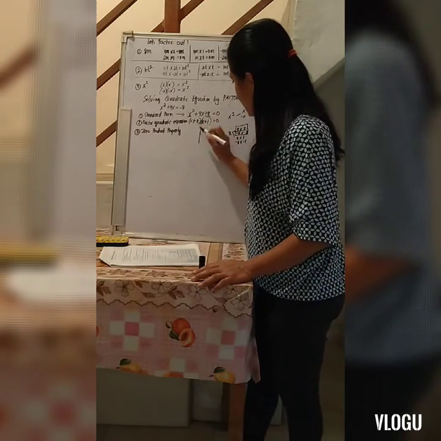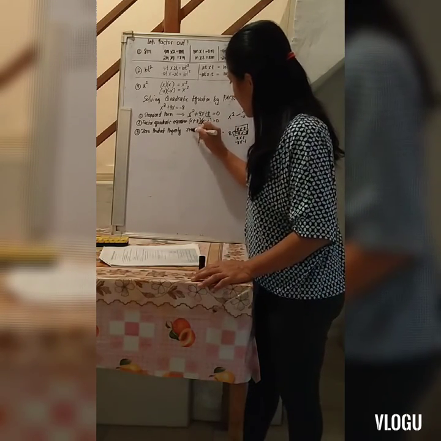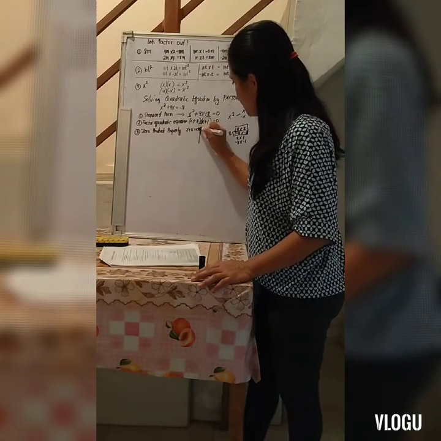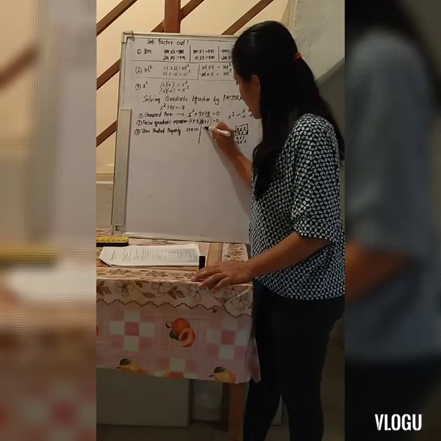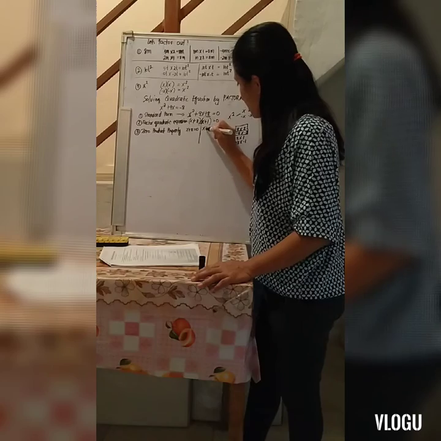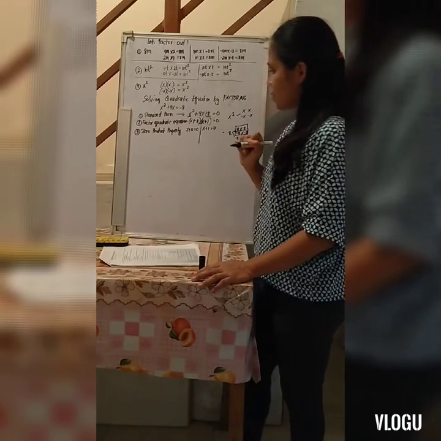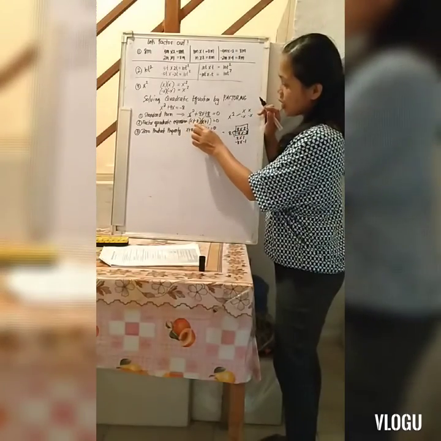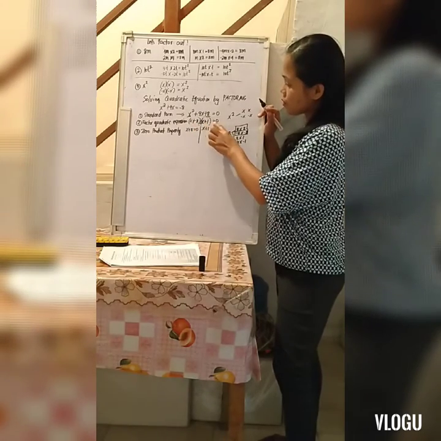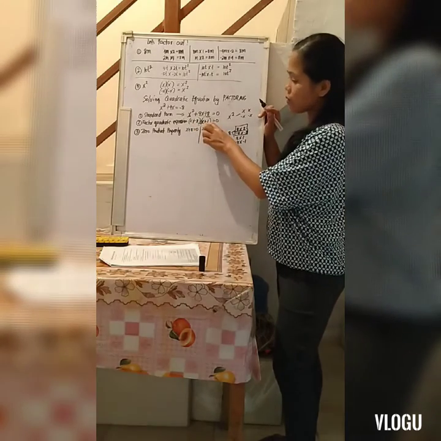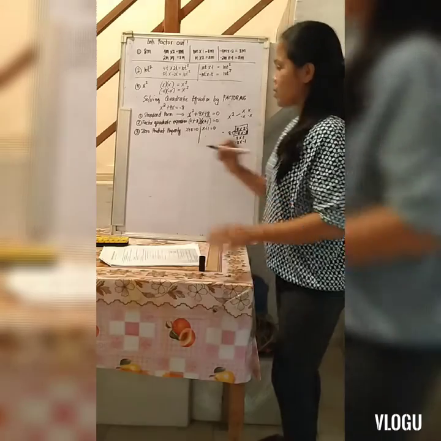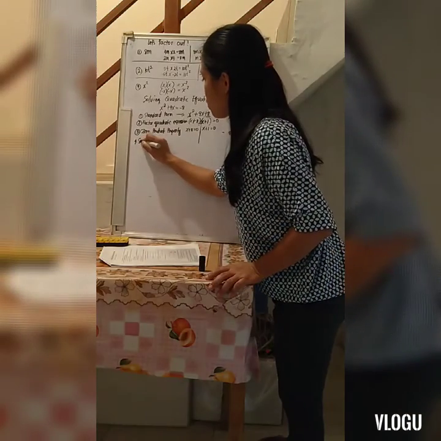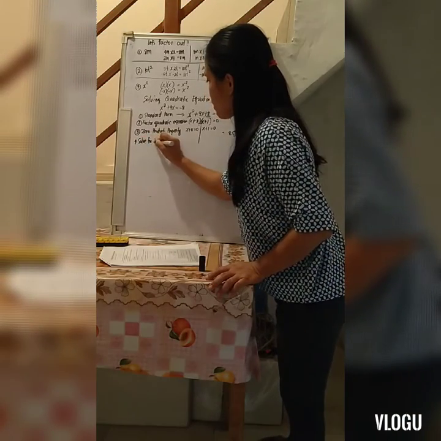So we split: x plus 8 equals 0, or the other one, x plus 1 equals 0. So x plus 8, the first factor, equals 0, and x plus 1, the second factor, equals 0.